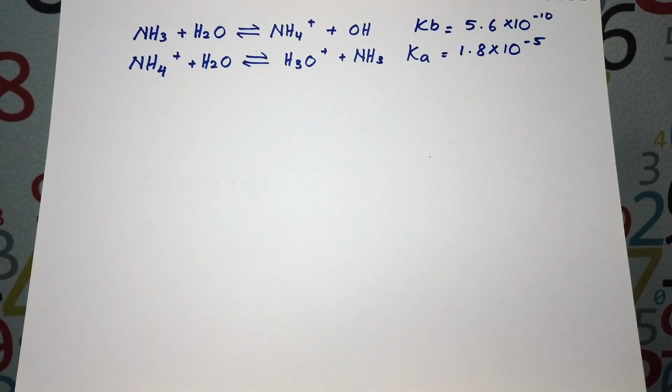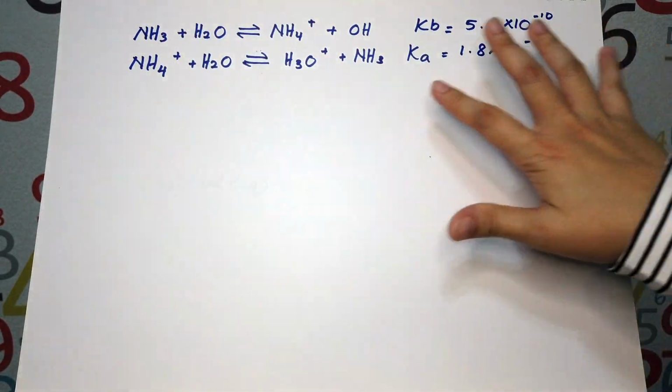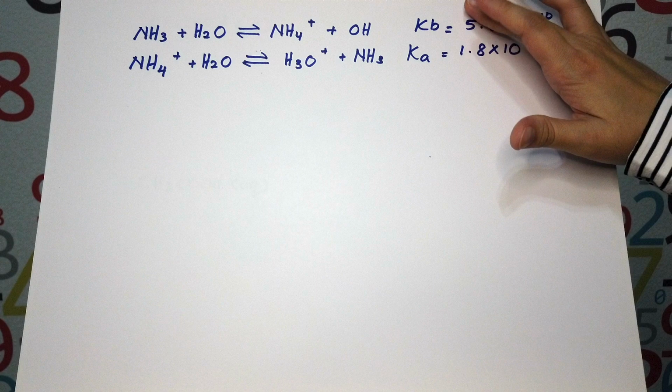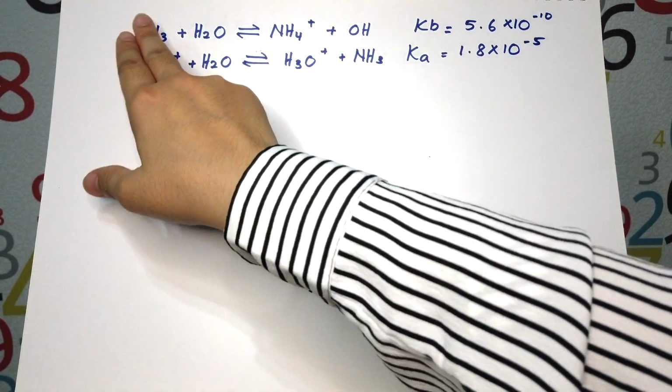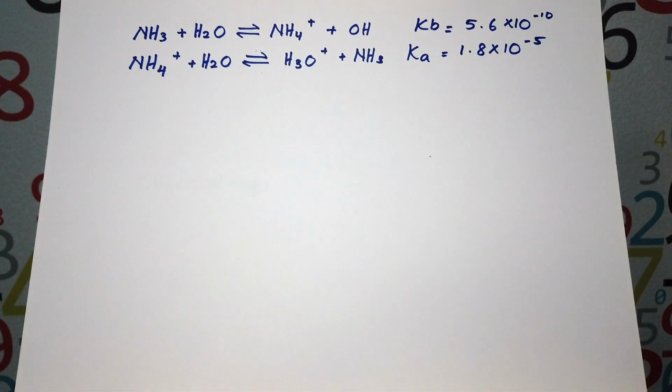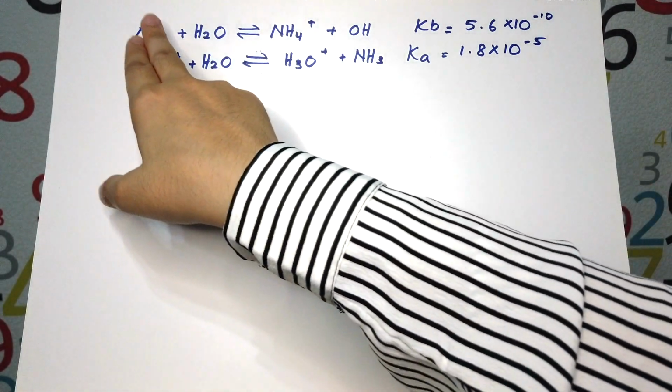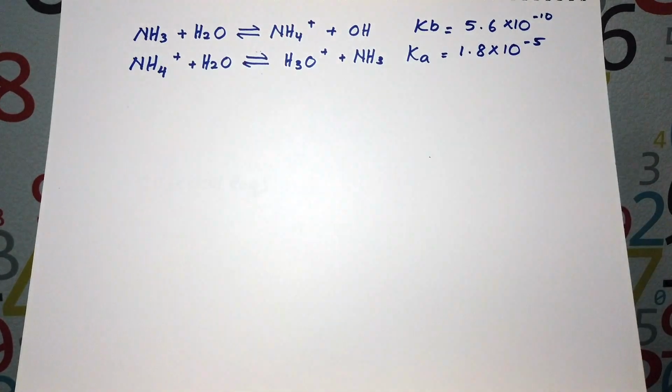Alright, now I'm going to explain to you what is the correlation between Ka and Kb. I'm going to explain these two things, the Kb and also the Ka. It's actually from the same substance, so you have NH3 around here and NH3 around here. It depends on what your actual reactant is. If you have the NH3, you will form NH4 plus.